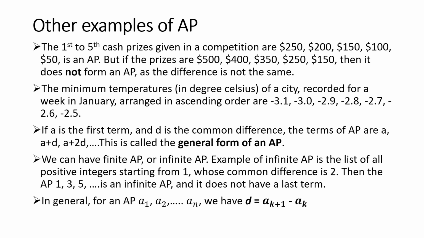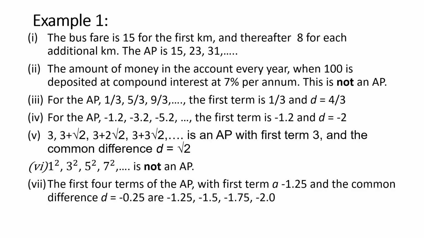In general, for an AP, a1, a2, an are the terms. Then we have the common difference d, which is the difference between two terms. So a(k+1) minus a(k) means d is equal to the difference between the (k+1)th term and the kth term.